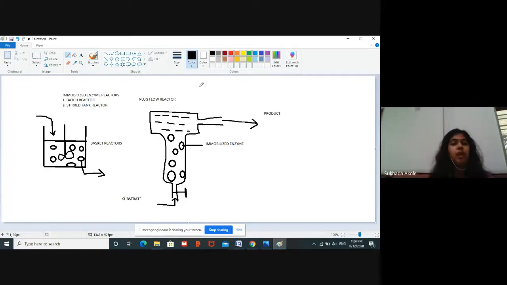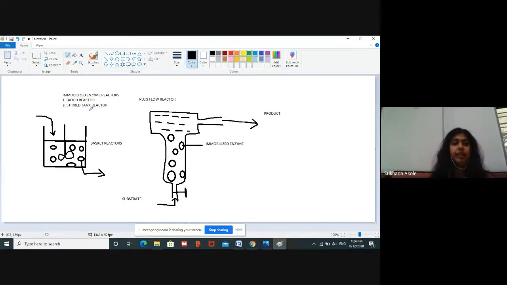I have immobilized my cells in this column. So when my substrate goes from the bottom up, while going up, the substrate reacts with this enzyme or the cell, and as it rises, what we have is a pure product, which can be removed from the topmost end.